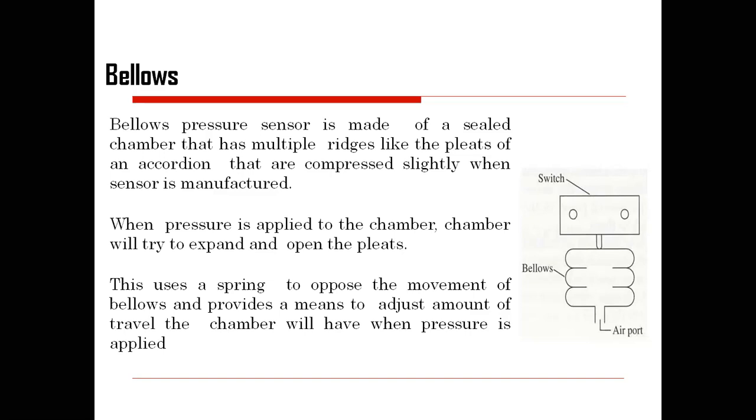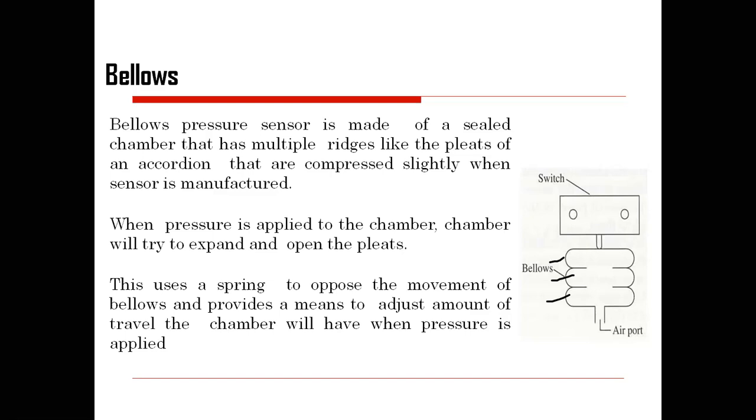So bellows are nothing but a pressure sensor or transducer, which is sealed, made up of rubber also, you can consider, but the structure is sealed and has multiple ridges. Ridges means foldings, like plates.